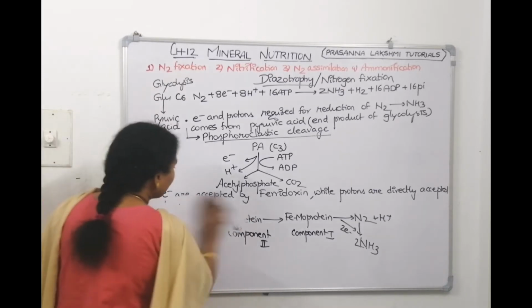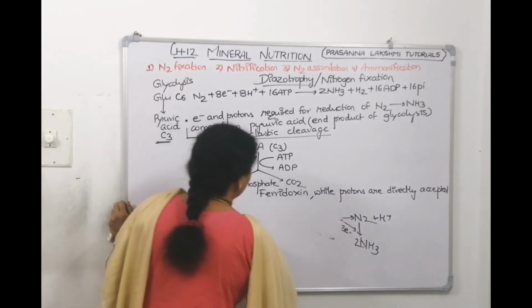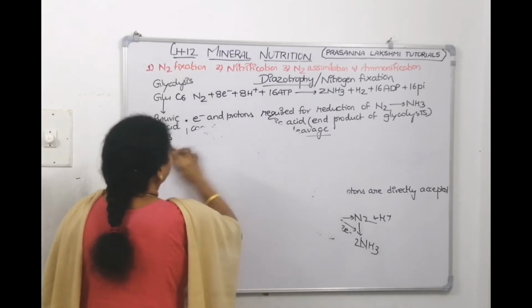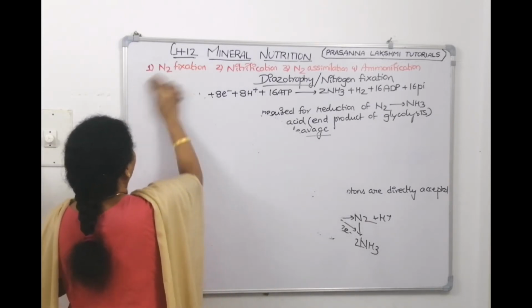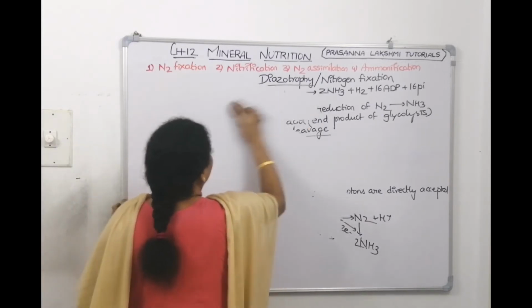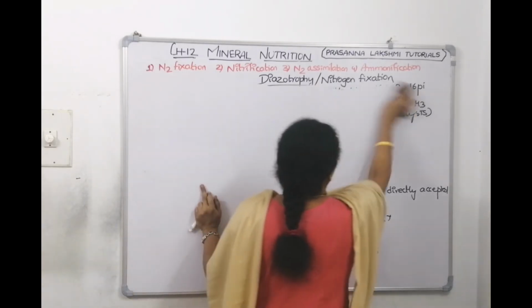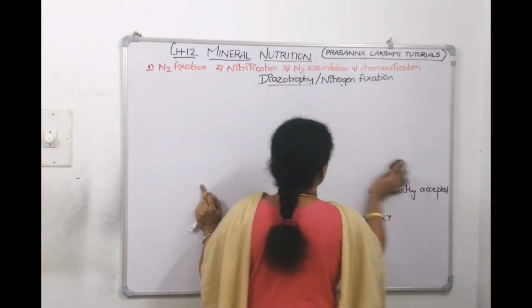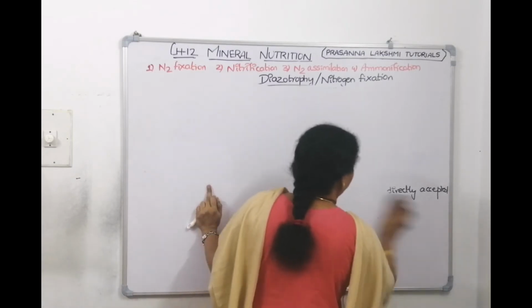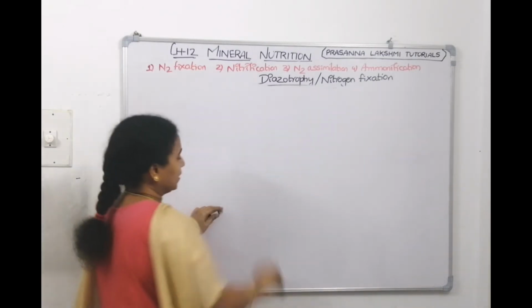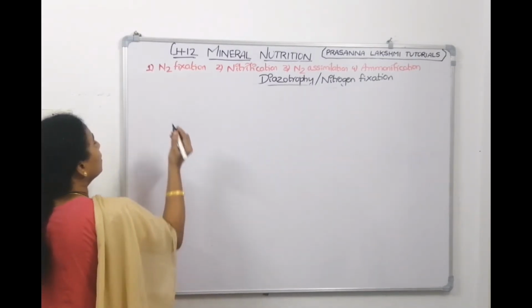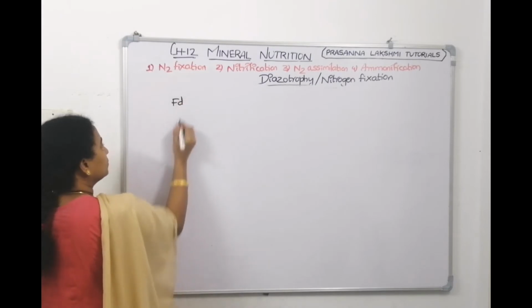Right. So I'll try to explain it in a little more detailed manner. We will see the box equation. Then I think you can understand it. So, ferredoxin.